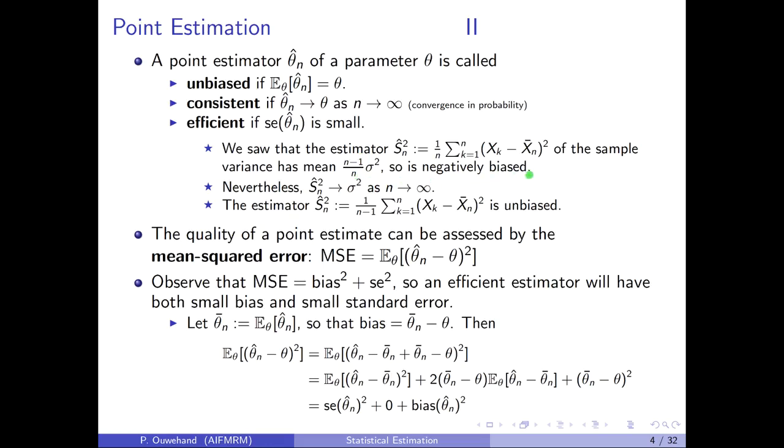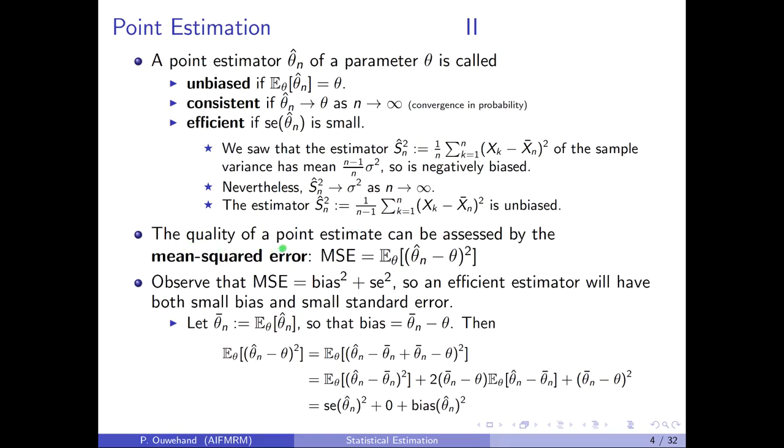So it's negatively biased. Nevertheless, as n goes to infinity, n minus 1 over n goes to 1, and so the estimator does in fact converge to sigma squared. In other words, the estimator is consistent. We also saw that this different estimator, which has a 1 over n minus 1 over here rather than a 1 over n as shown here, is unbiased, which is why it is used in statistics.